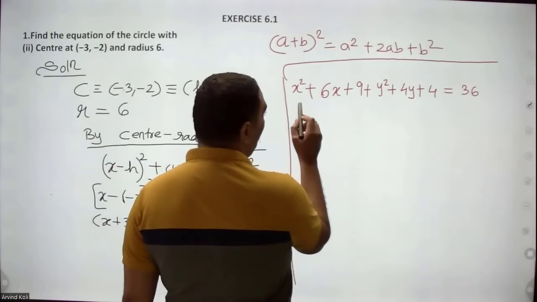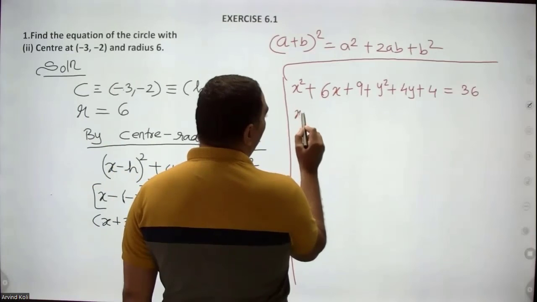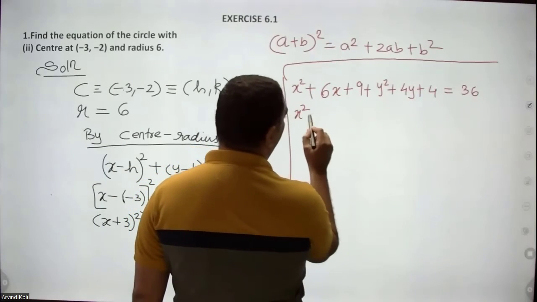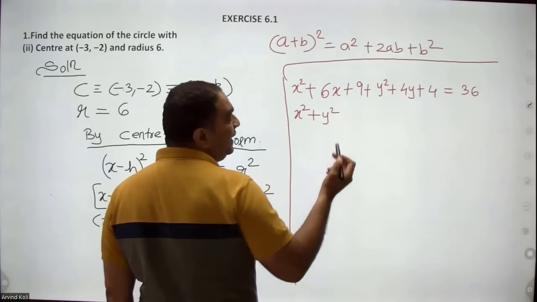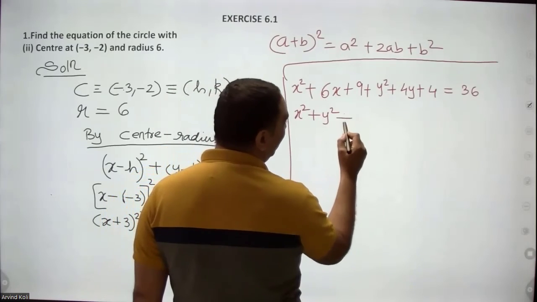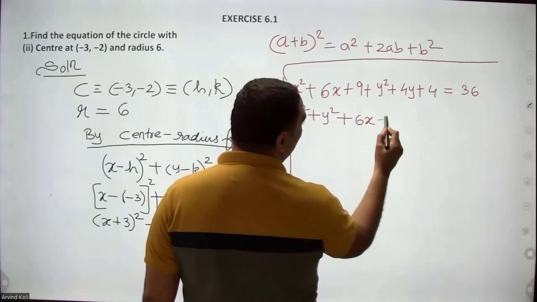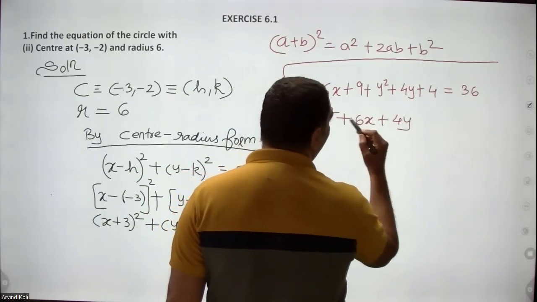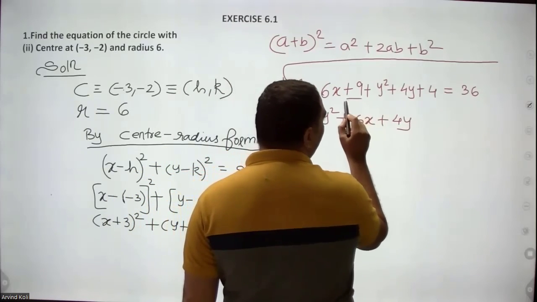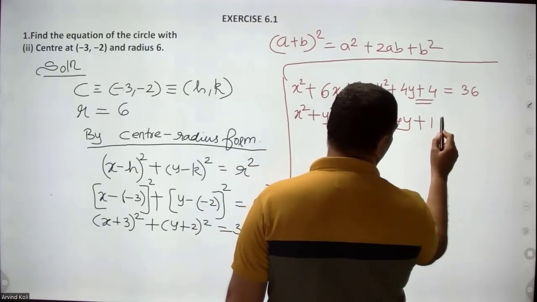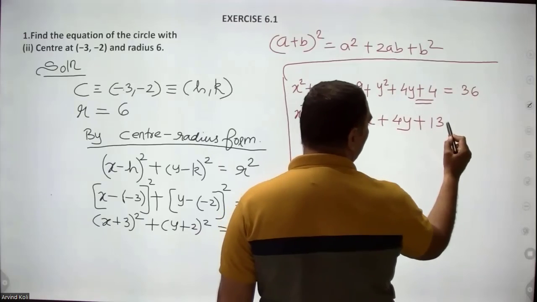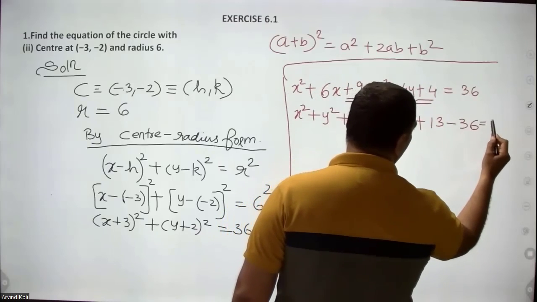Now x square y square इसको पहले लिख देते हैं. इसको हम लोग फिलहाल कुछ कर नहीं पाएंगे. x वाले भी कोई टर्म है नहीं तो I'll write plus 6x वैसे ही plus 4y. Now 9 plus 4 gives us 13. 36 को left में ले लो, minus 36.